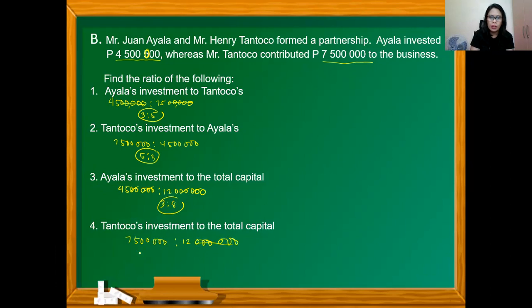So canceling just the 5 zeros. So we have 75 and 120. I guess we have the same common factor as in number 3, and that is 15. So we have 5 is to 8 this time.